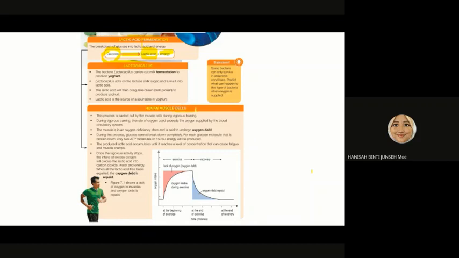We're gonna look at that much deeper later on. We focus on lactobacillus first. Lactobacillus is a bacteria that can be found in our yogurt, in our drink, apa ni, Yakult semacam tu kan. It has lactobacillus bacteria.